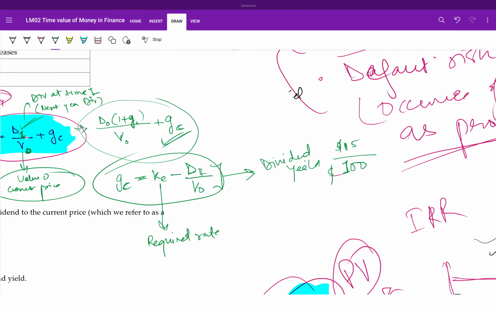I am assuming that the current dividend at D0 is $10, and the dividend grew at a rate G of 50%, which results in $15. So 50% is the growth. What is the implied growth?